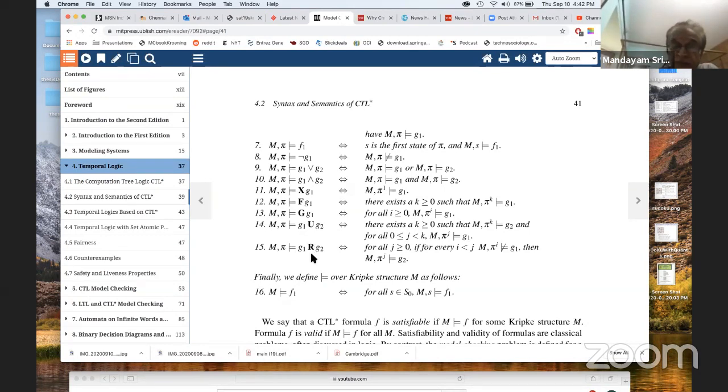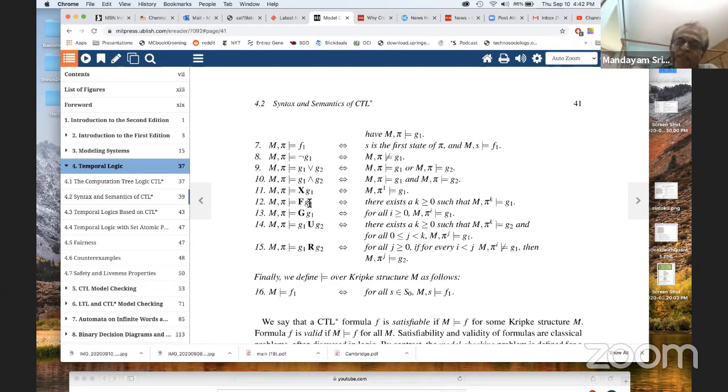So the dual just says the reverse, and here it should be interpreted as G2 releases G1. I always get confused here. By the way, not all of these temporal operators are necessary.